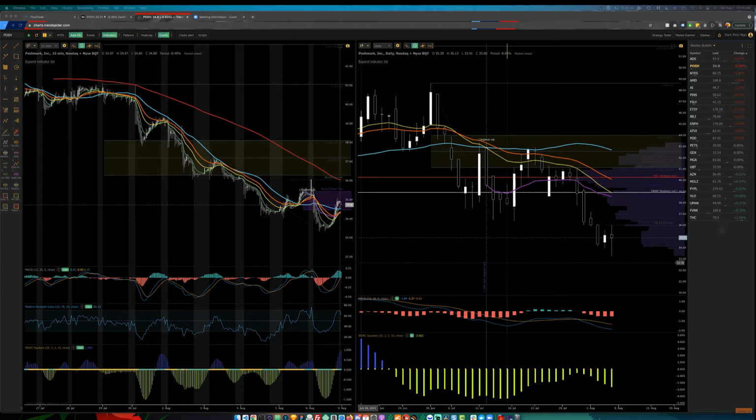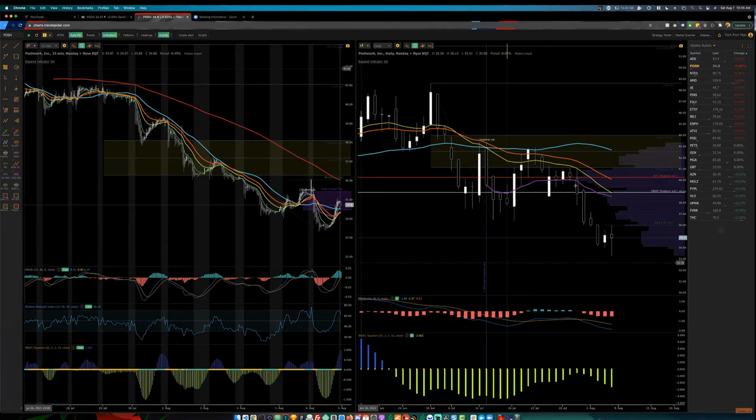Right? There's no reason why we can't come back up and test at least the 34 or the 21, so 39.40. So this is going to be our target levels. At least targeting that level there, right?